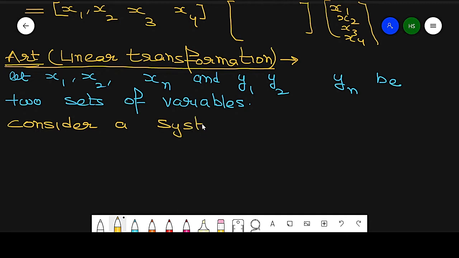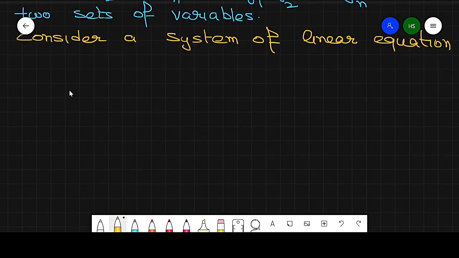Now consider a system of linear equations. For example, y1, y2, up to yn.